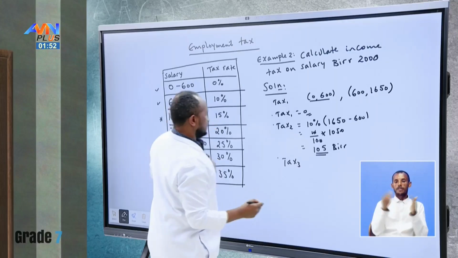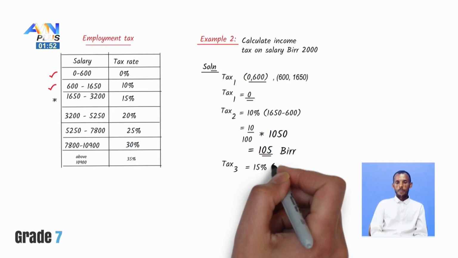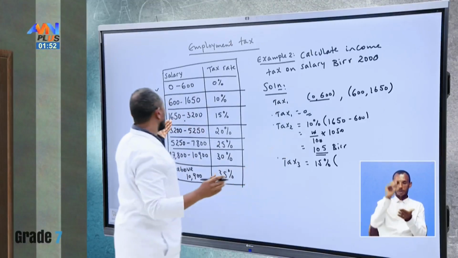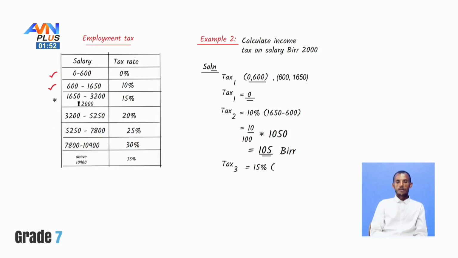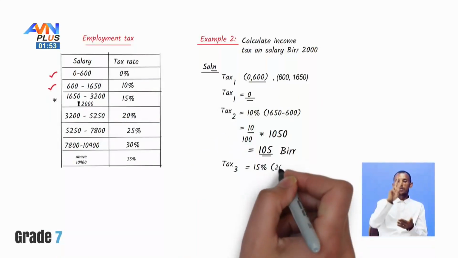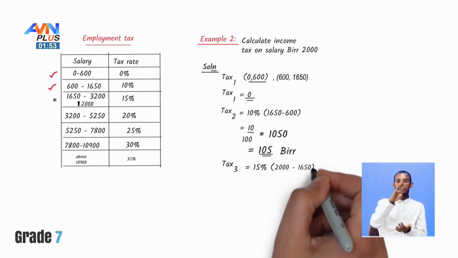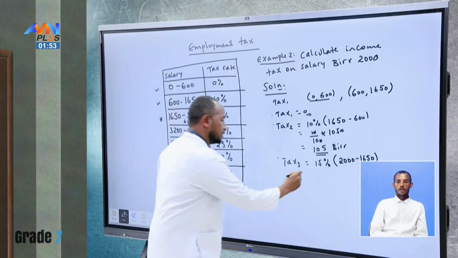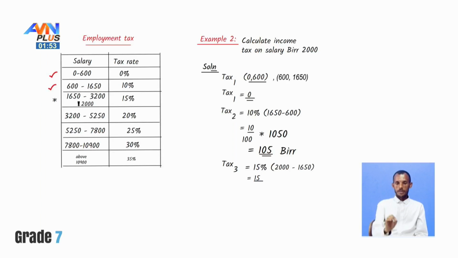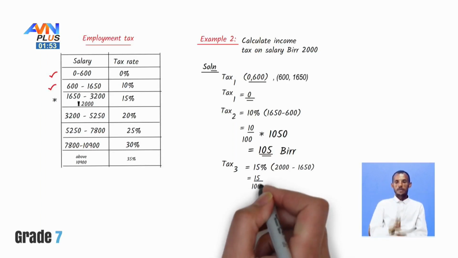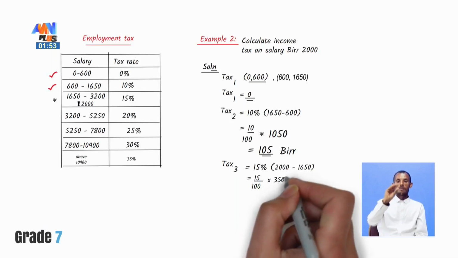It is 15%. Therefore, it is 15% of the difference of 2,000 and this one. 2,000 falls here. Therefore, it takes the difference of the two: 2,000 minus 1,650. So this will be equal to 15% times the difference, which is 350.